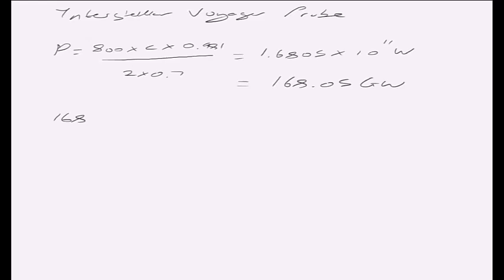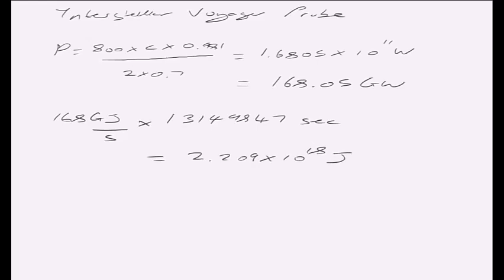And 168 gigajoules per second is what we're dealing with, multiplied by our push time, which is 13,149,847 seconds, which is also 152 days, and this gives us 2.209 times 10 to the 18 joules.